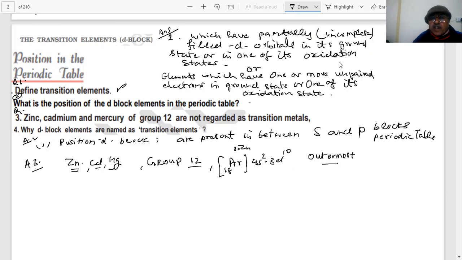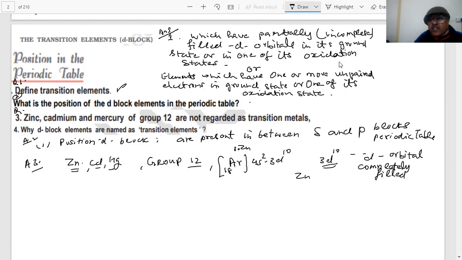Or I can put it in a better way: what we said is partially filled or incomplete d orbital in its ground state or one of its oxidation states. Here the 3d orbital is completely filled.